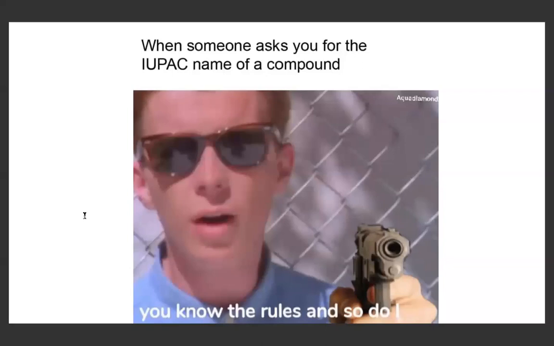So for example, I tell you to name octane with 8 carbon atoms. If I add the function, it becomes an acid. For example, if it's a carboxylic acid, it becomes a carboxylic acid of that chain. So it becomes octanoic acid.